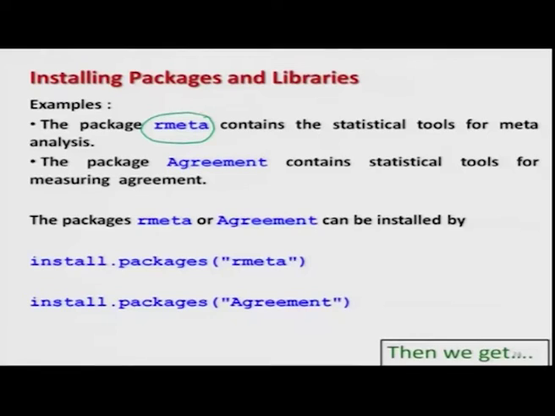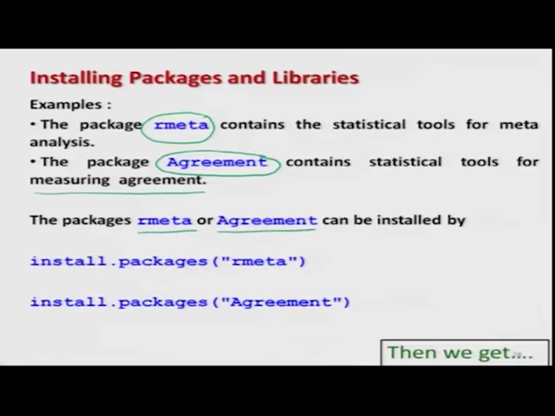Similarly, there is another package called agreement, which contains statistical tools for measuring agreement. This package also does not come as part of the base software. So we need to install these two packages, Rmeta and agreement.